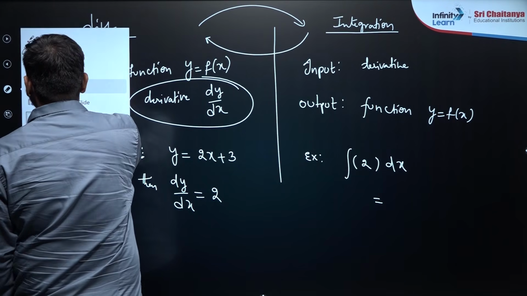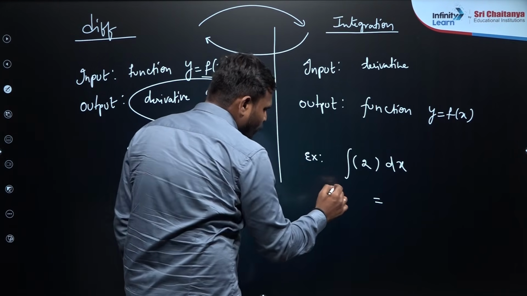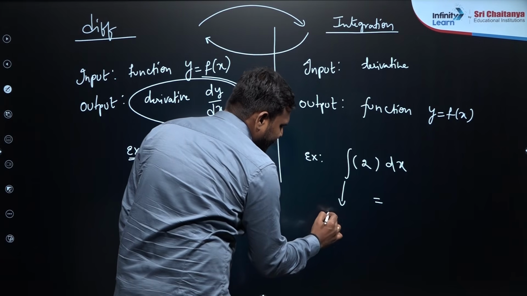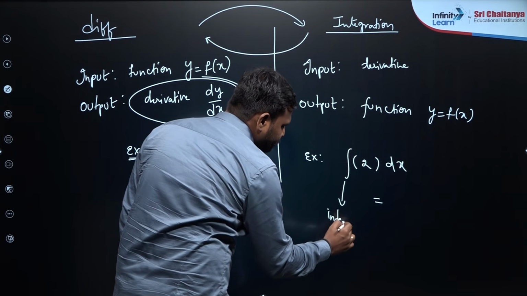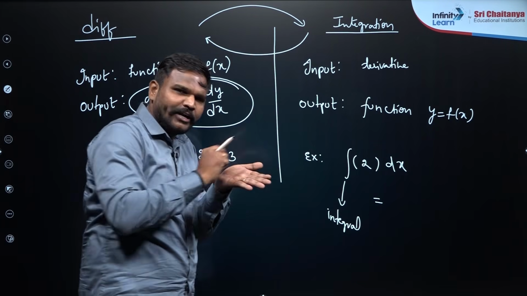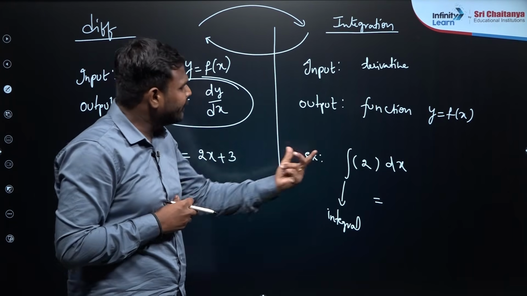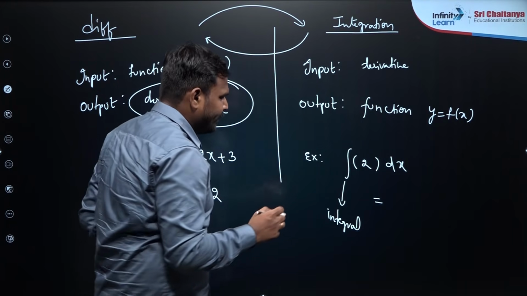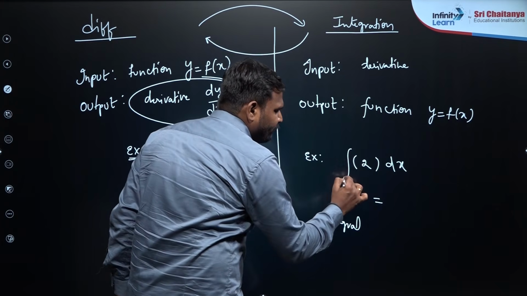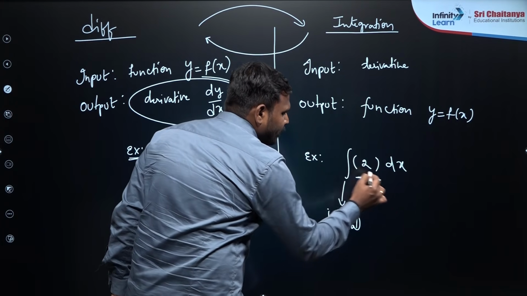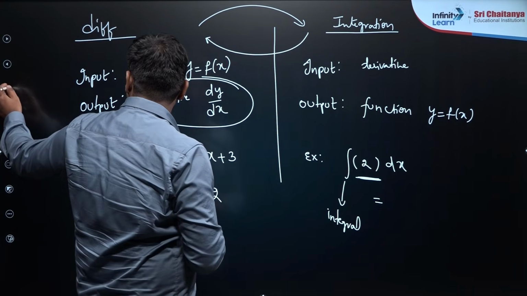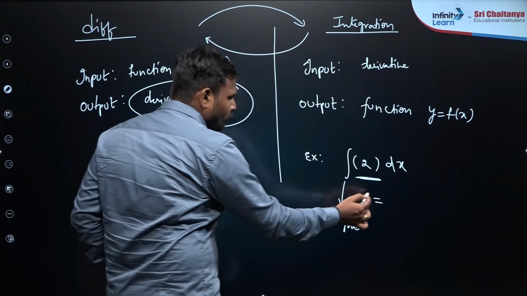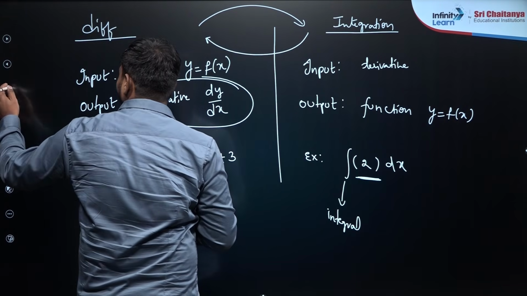And how are we writing it? This is the integral symbol. This is how we write on paper to understand the input of the integration. What comes after the integral symbol is the derivative of a function.